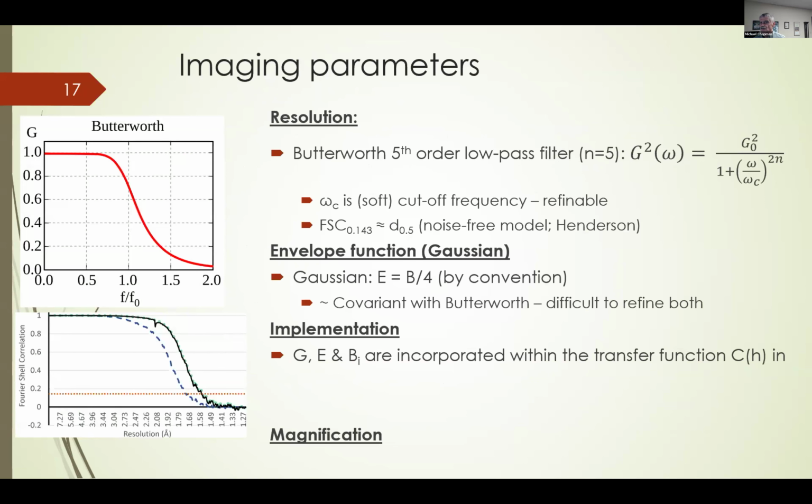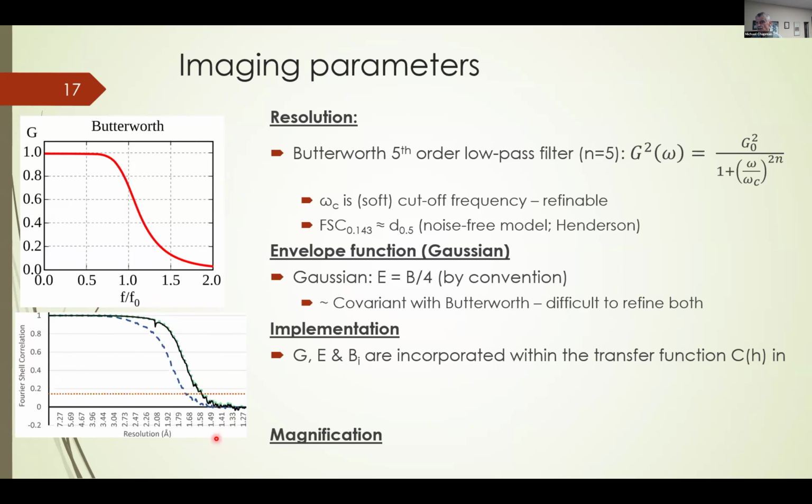I've spoken about the refinement of imaging parameters, and the most important is an effective resolution limit. What we're doing is applying a Butterworth low-pass filter in the calculation of our model map density, refining its parameters for best agreement between the observed and calculated maps. We're choosing a Butterworth filter because of its similar functional form to typical Fourier shell correlation coefficients.